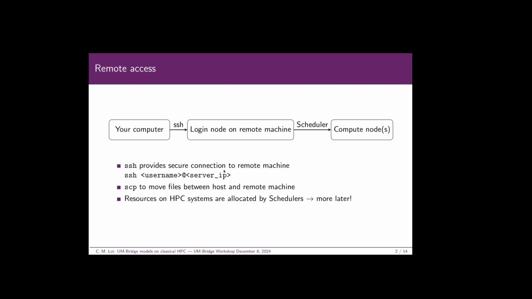Obviously, I've skipped a lot of details because you need to provide encryption keys and so on. There's also a similar command called secure copy to move files between your host machine and a remote machine. And lastly, because the supercomputer is shared by perhaps more than 100 people, you don't get exclusive access or rights to the resources by default. These things are handled by schedulers, which I'll also talk about a bit more later.